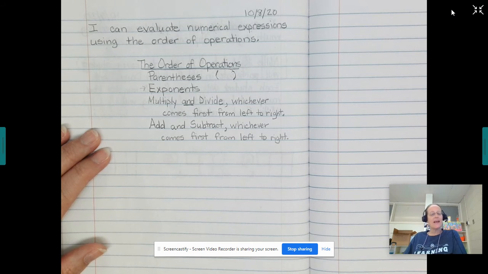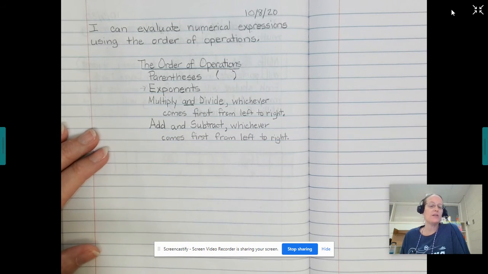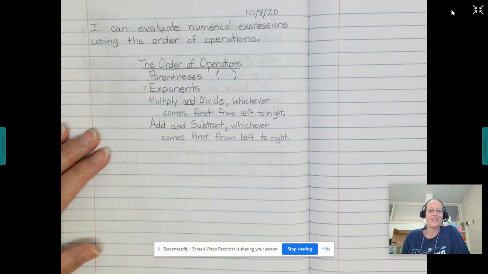So if Miss Mullinex ever asks, hey, what is the order of operations? If you tell me PEMDAS, that's not correct. It's not PEMDAS. If I say, hey, what's the order of operations? And you tell me, please excuse my dear Aunt Sally. That's not right either.